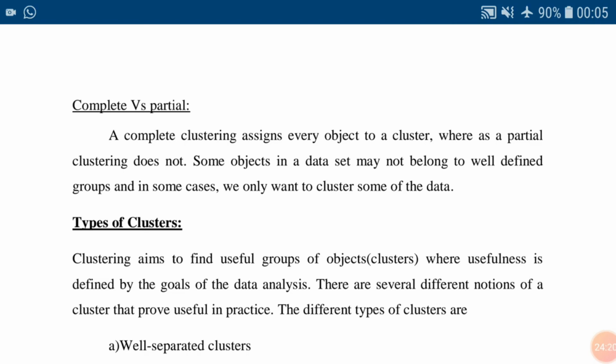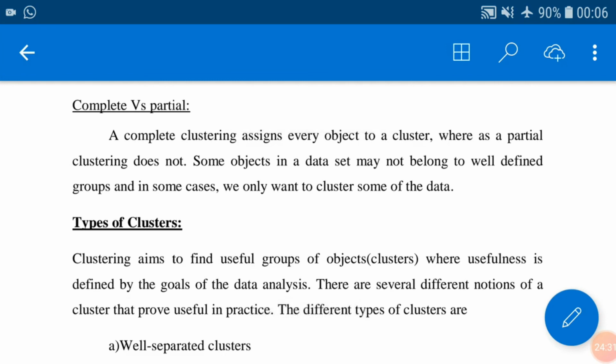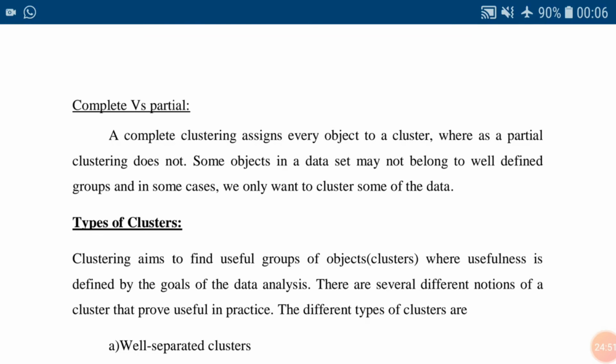Some objects in a dataset may not belong to well-defined groups, and in some cases we only want to cluster some of the data. In complete clustering, all data items, whatever the number, participate in some cluster. If we have 10 or 20 data items, all of them participate in a cluster. That is complete clustering.